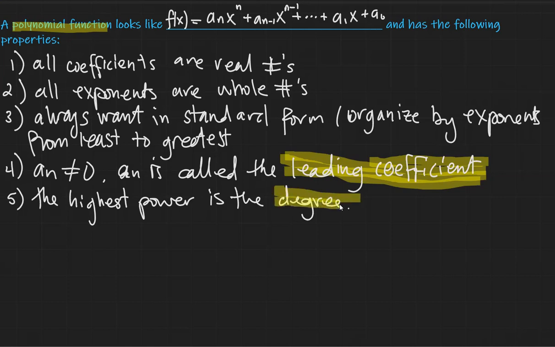So the degree of a polynomial is the highest exponent, the highest power, the biggest one. And then one more: a sub 0 is the constant coefficient.